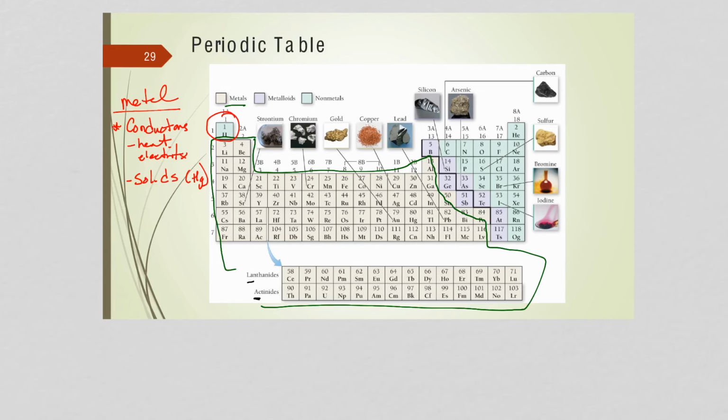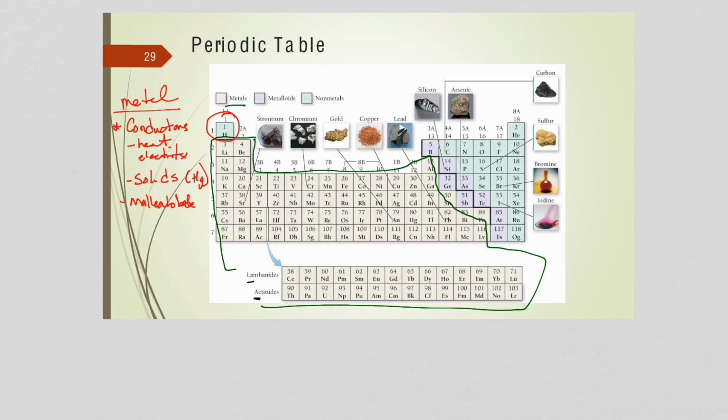And other things that we associate with metals: they are what we call malleable. It means we can bend it, we can pound it into shapes, etc. We can work with them. And shiny, and other things that we might consider the properties of a metal.